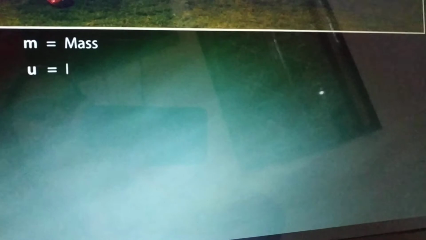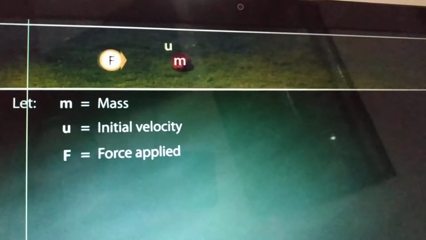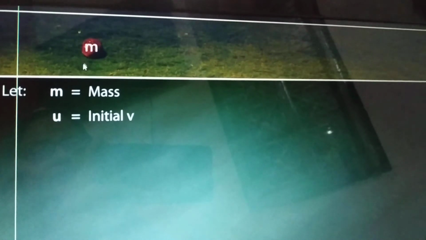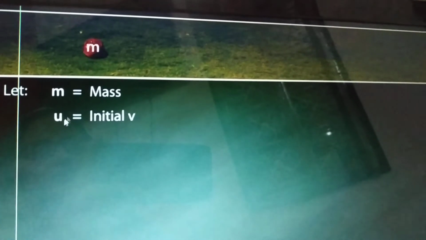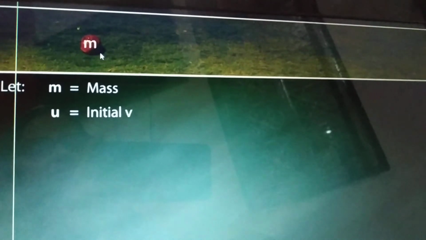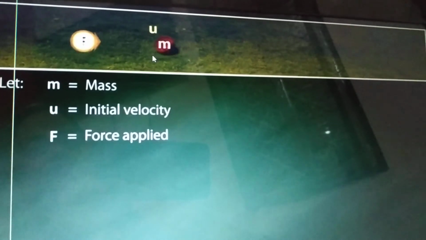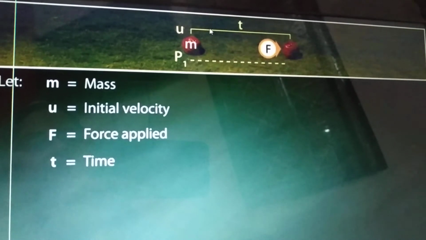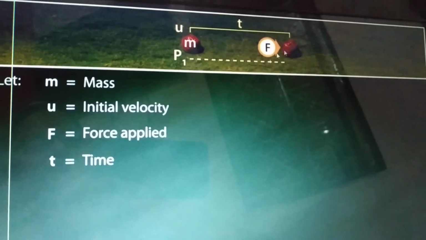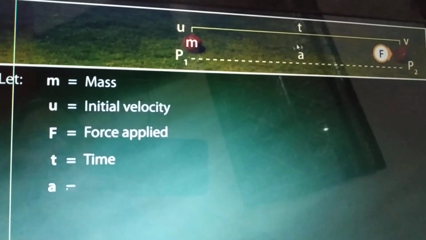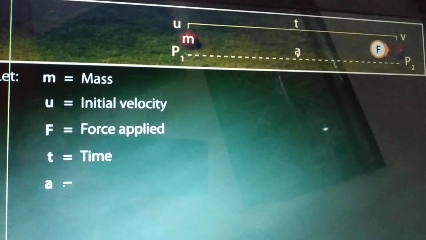Let us take an example. Firstly, we consider a ball having some mass m, and having initial velocity u. If a force of magnitude F is applied on it for the time t, then the ball will move from this position to this position with an acceleration a.